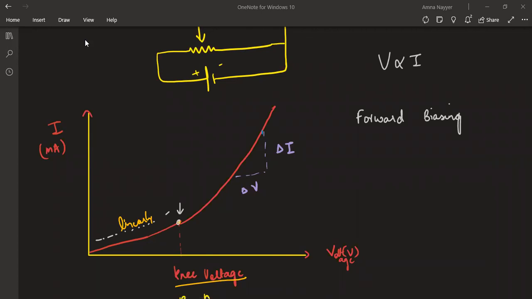One more thing, class. Knee voltage can also be known as threshold voltage or cut-in voltage, right?